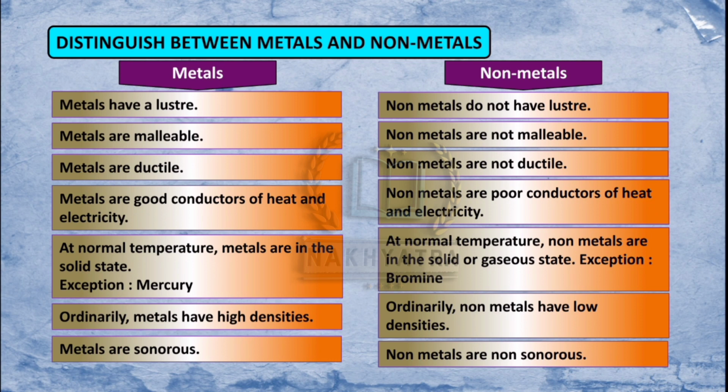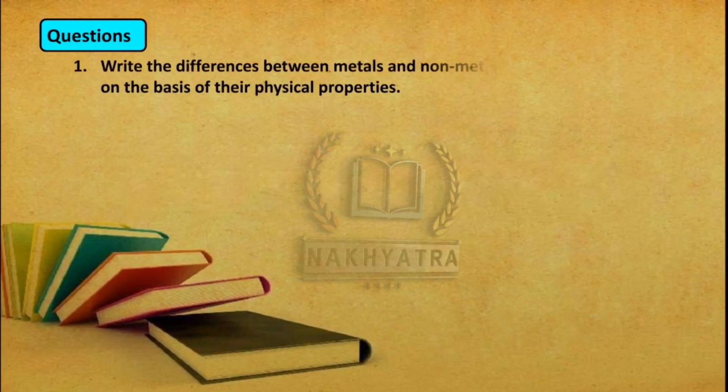That means metals make a sound when they are struck with each other or with any hard surface, so they make a ringing sound. Whereas non-metals make a dull sound when struck with a hard object. Clear everyone? Okay. Now let us see a few questions.